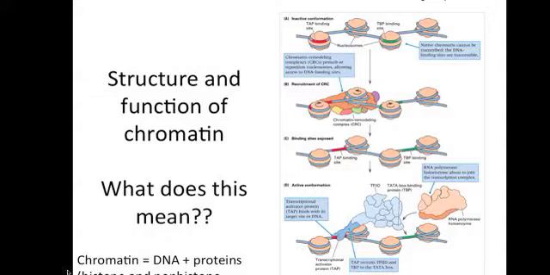Whether transcription can occur or not. Right, so that's one function, because if your promoter is wrapped tightly around a histone, which is then folded upon another histone and all compacted, you'll never have transcription of that gene, right? What else? Whether replication or repair can happen, right? So you're starting to see it has to do with accessibility to the DNA, right?